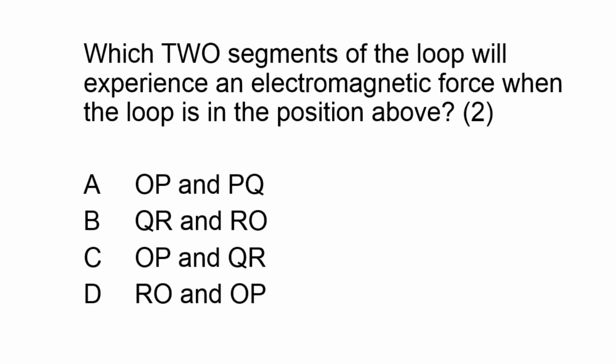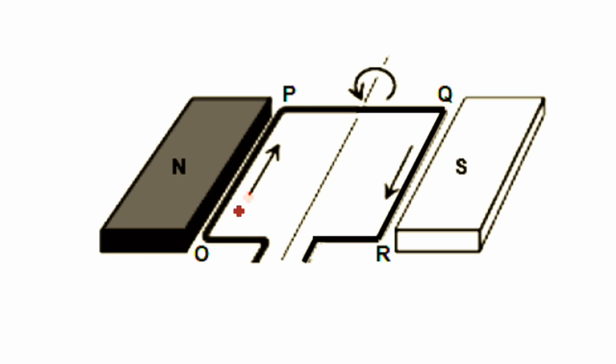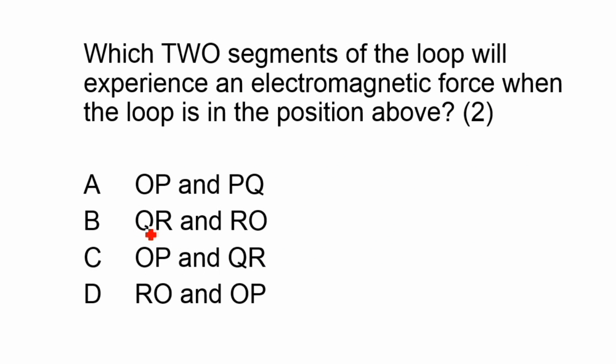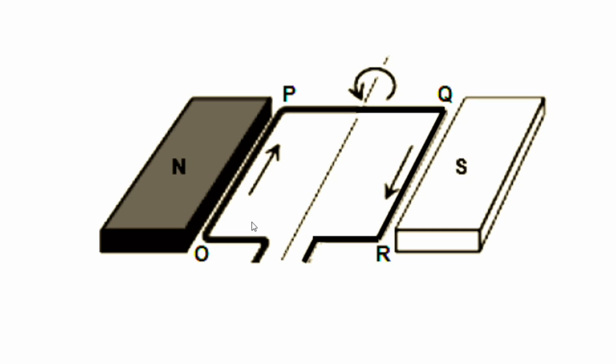All right, let's have a look at what the question is about. Which two segments of the loop will experience an electromagnetic force when the loop is in the position above, right? OP and PQ, let's have a look. OP, PQ, all right? QR and RO, okay?